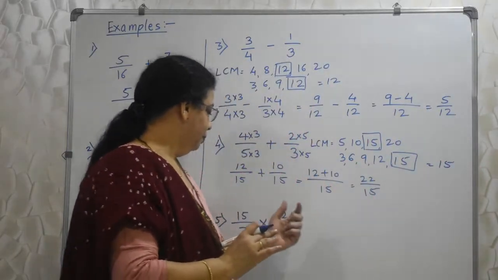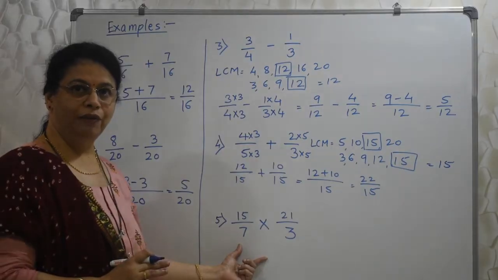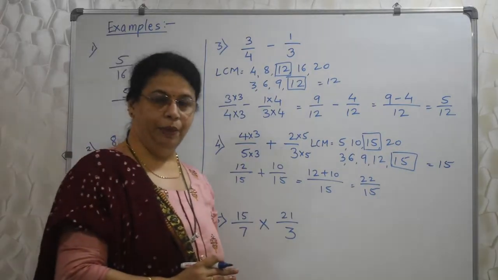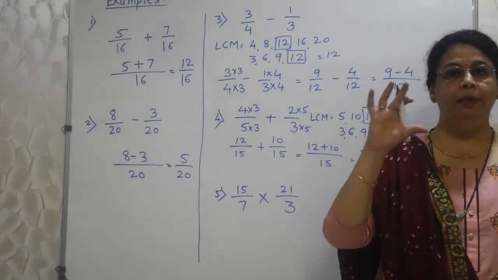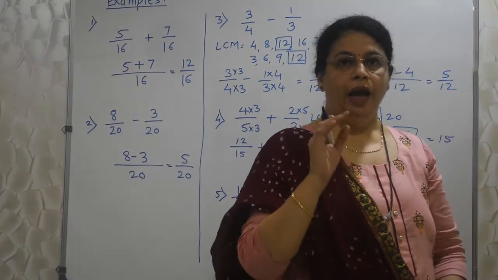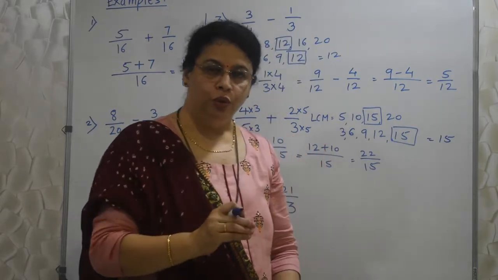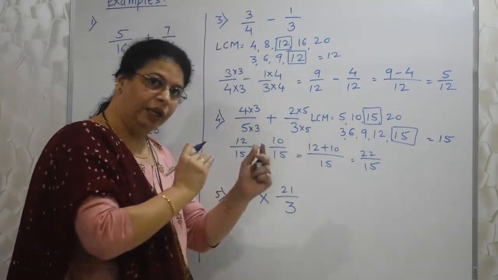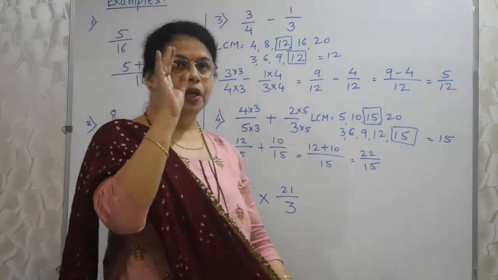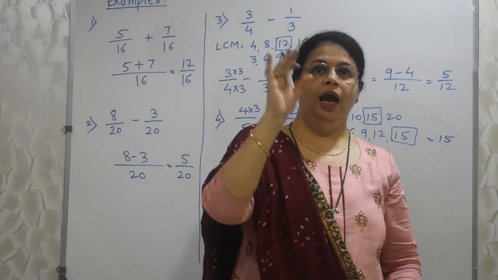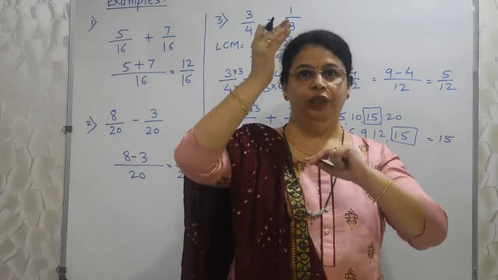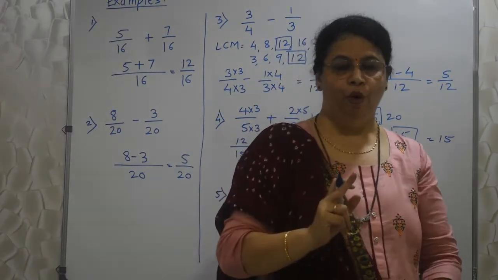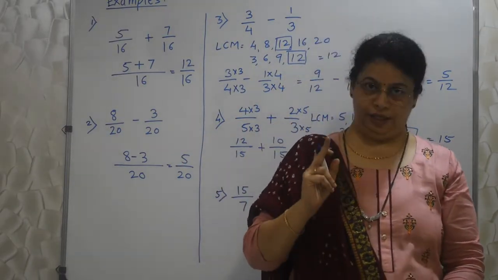Okay. Now here comes the final one, that is the multiplication. When two fractions are multiplied with each other, actually what we are supposed to do is divide the numbers. The numbers with the numerators and numbers with denominators, they are divided with each other with the help of divisibility tests.